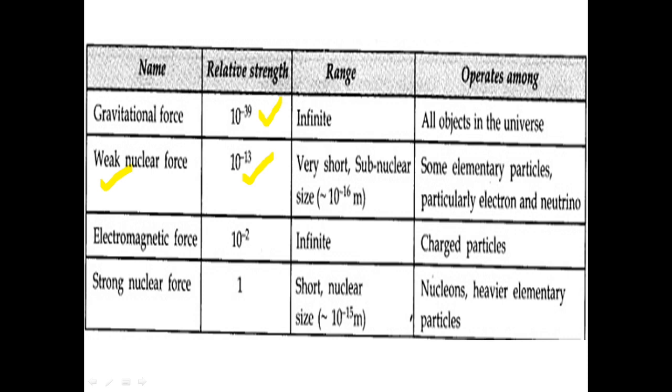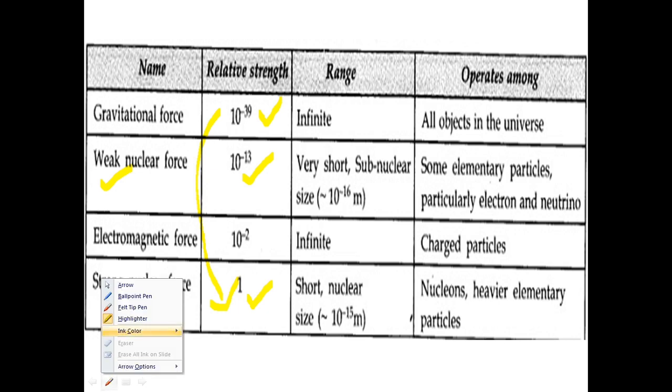We are stating relative strength according to the strong nuclear force, that is 1. If the strong nuclear force is 1, then compared to this, the weak nuclear force is 10 raised to minus 13, and the gravitational force is 10 raised to minus 39.